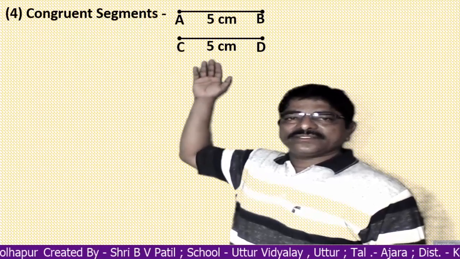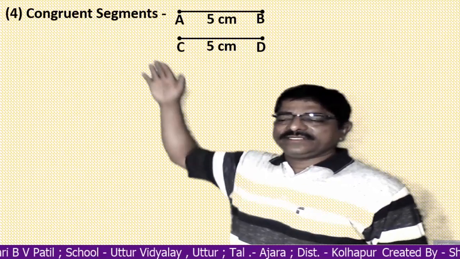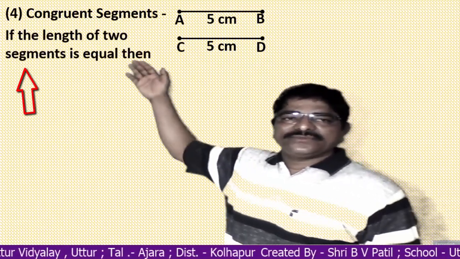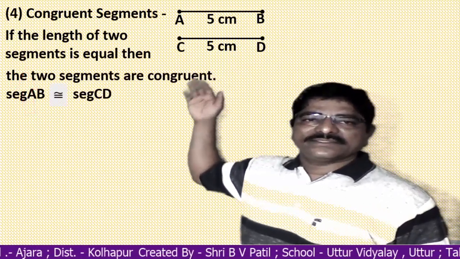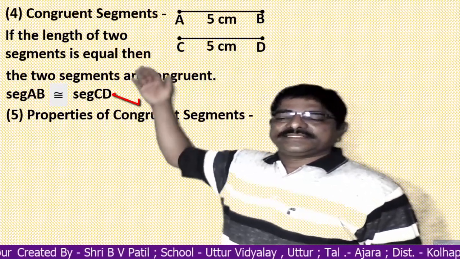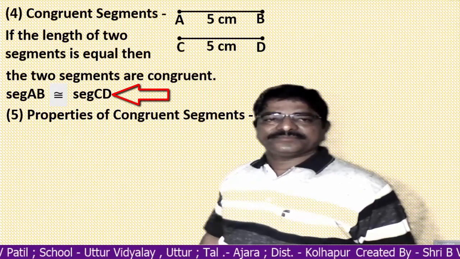If the lengths of two segments are equal, then the two segments are said to be congruent segments. Segment AB is congruent to segment CD.